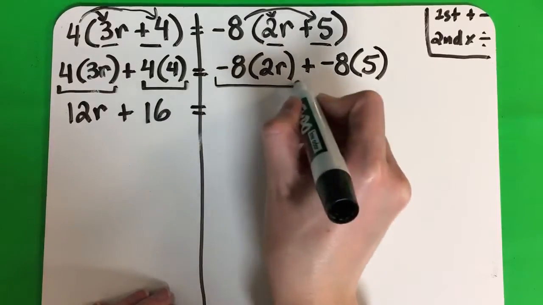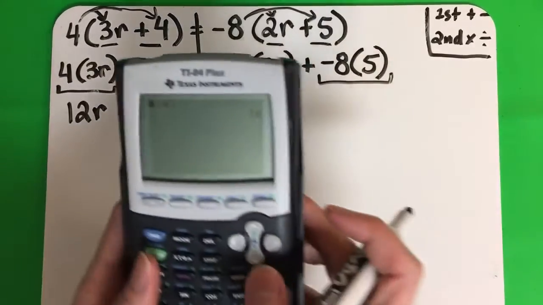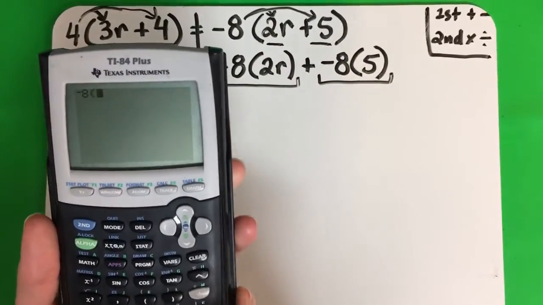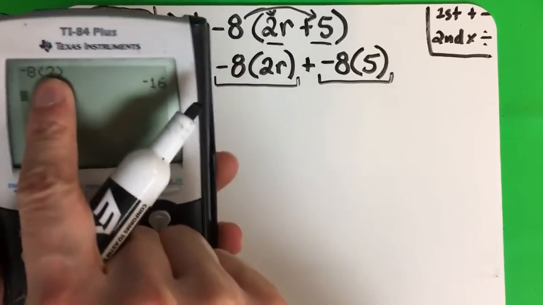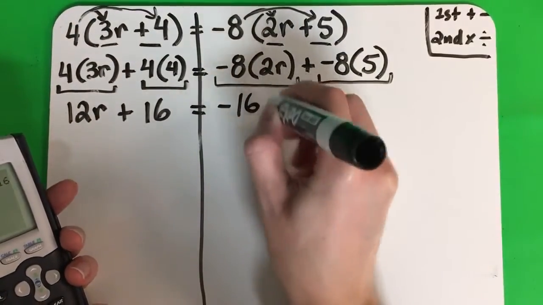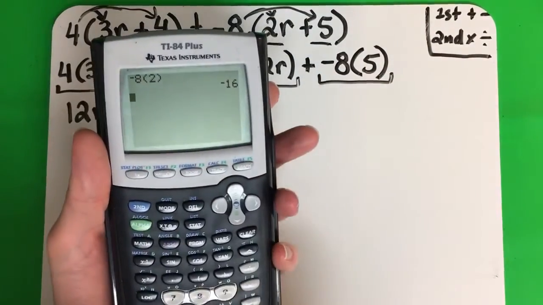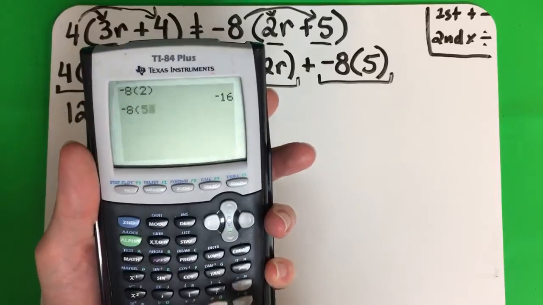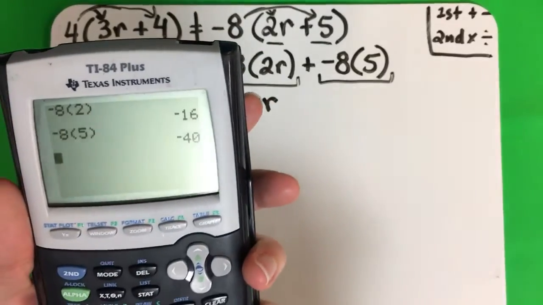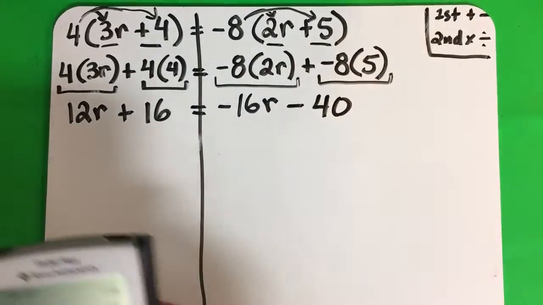We're going to do part 1 and then part 2. -8 times 2. -8 por 2. So -8 parenthesis 2 parenthesis no r, no r, -16. Copy r. Now -8 times 5. -8 por 5. -40. Minus 40. There we go.